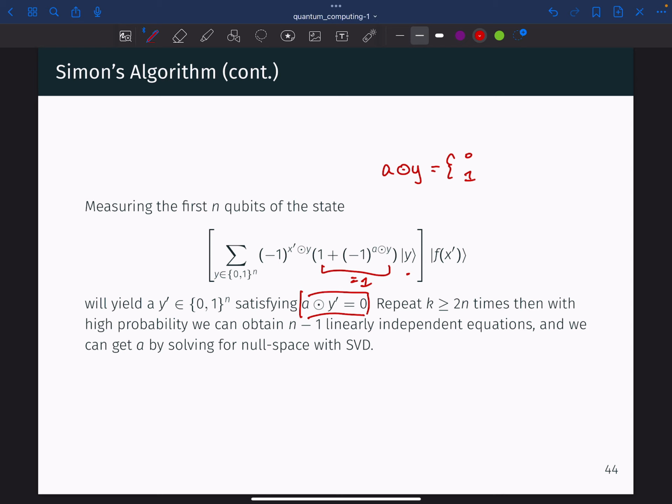And notice that this is a linear equation. So if you get enough linearly independent equations of this type, you can solve for A, because each time you measure, you'll get the value of y.